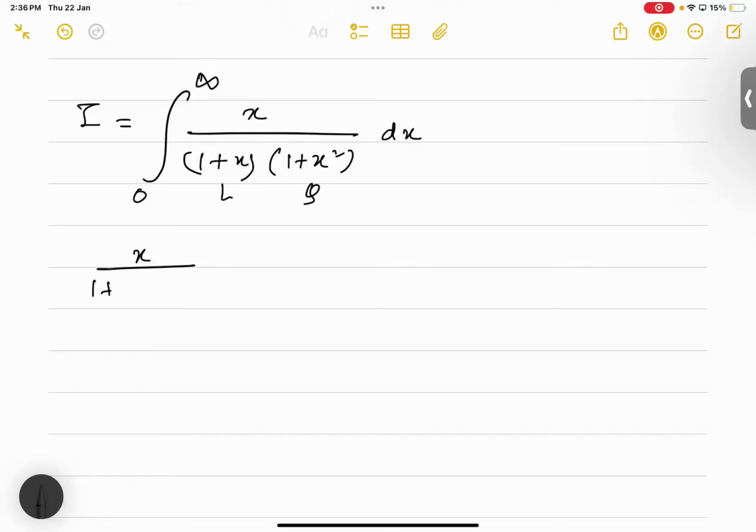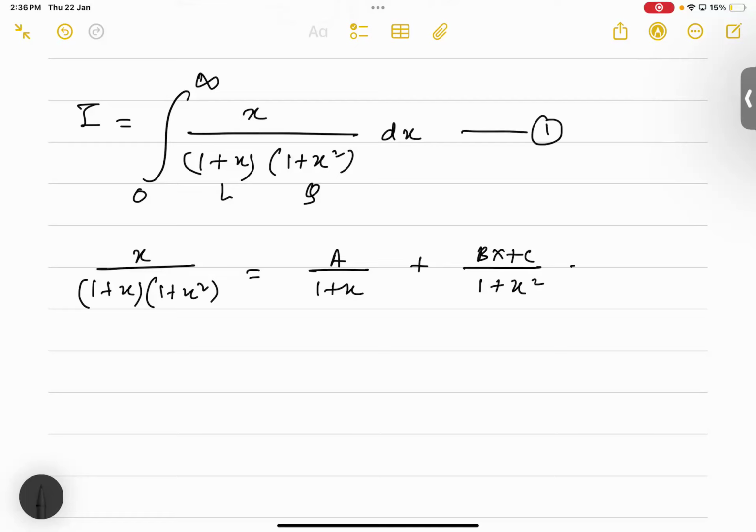So x upon 1 plus x, 1 plus x square equals A upon 1 plus x, plus quadratic factor, bx plus c upon 1 plus x square. Equation number 1, equation number 2.